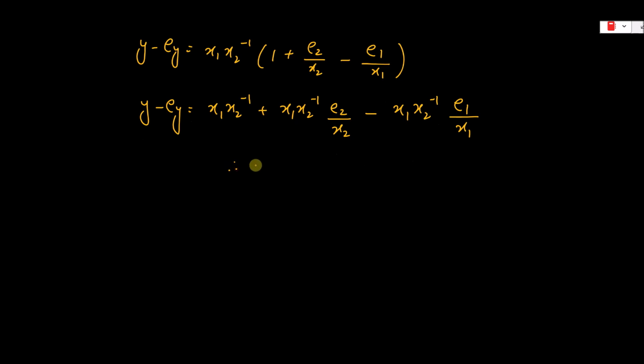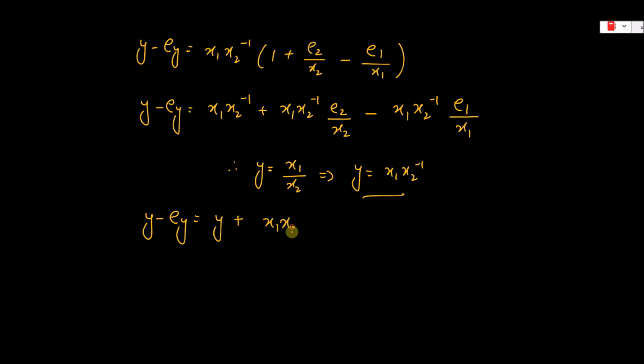Now we know that y is equal to x1 by x2. So if we shift x2 on the upper side, it should be like this. So we are going to substitute this value back into the equation. So it becomes y plus x1, x2 negative 1, e2 by x2, x1, x2 raised to minus 1, and e1 by x1.